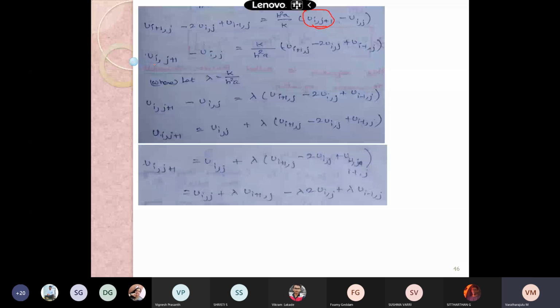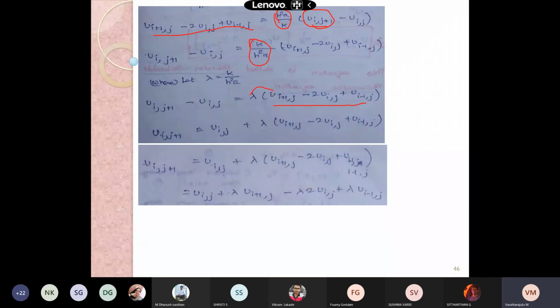So I am taking u(i, j+1) minus u(i, j), and I am keeping this constant on the other side. So this becomes k divided by h square a into this particular term. Let this term be lambda. So u(i, j+1) minus u(i, j) is equal to lambda into this particular term.